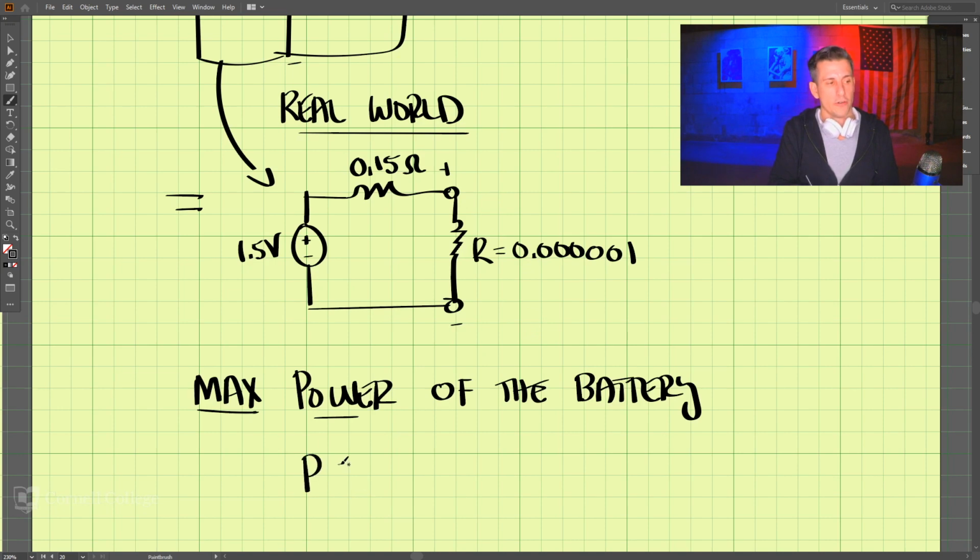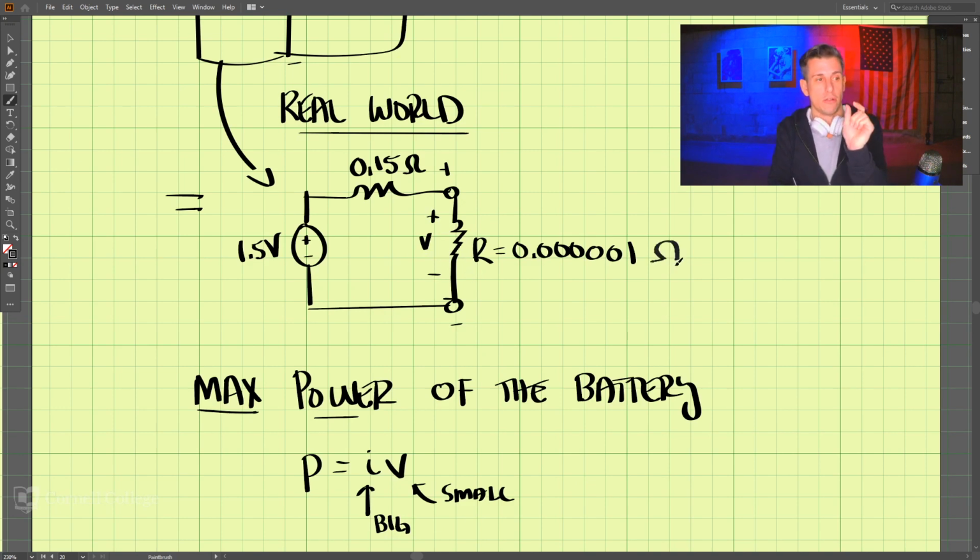Now, the power, remember, is I times V. The voltage across here is going to be very small, but the current is going to be very big. It's going to go really fast through here.